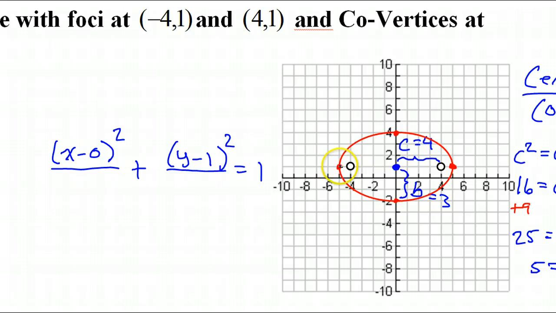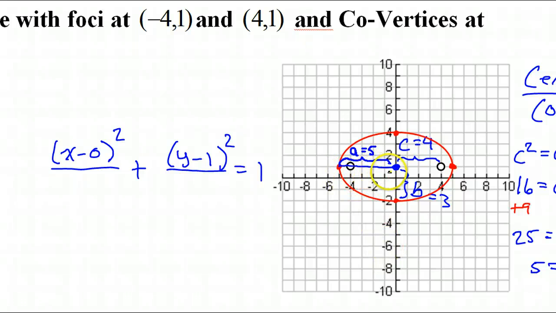So I'm just going to draw this right through here for a second. So remember, this is my A value. My A value was 5, remember. Don't worry about, oh, that's A, that's B, that didn't matter so much.